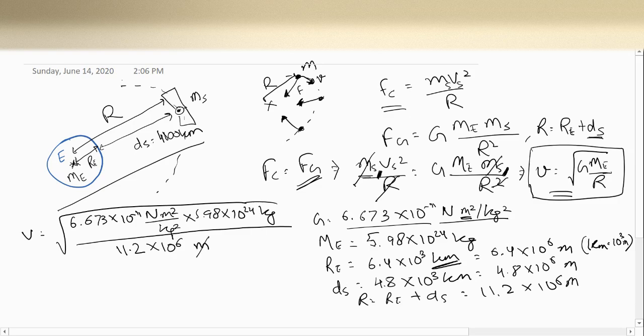So meter cancels meter, kilogram cancels kilogram. If you put all these numbers in a calculator, you will get 5.97 times 10 to the 3. And the remaining units are Newton per kg times meter.